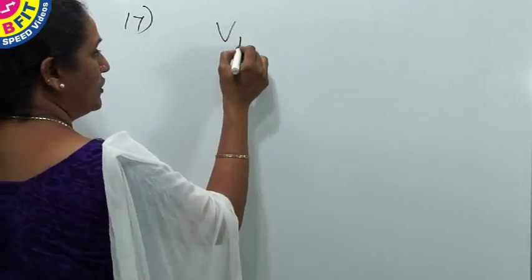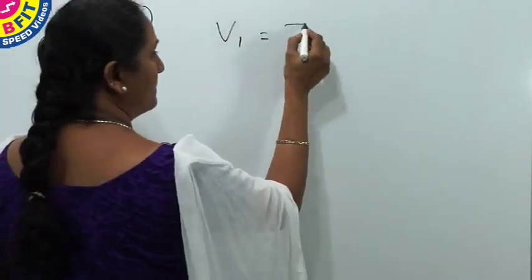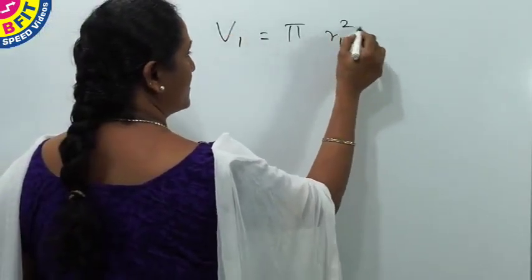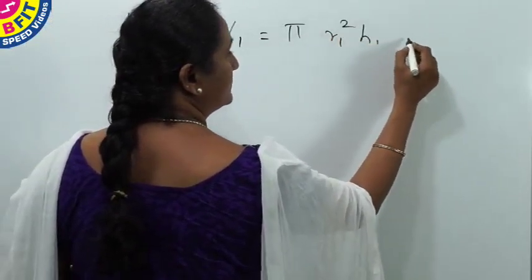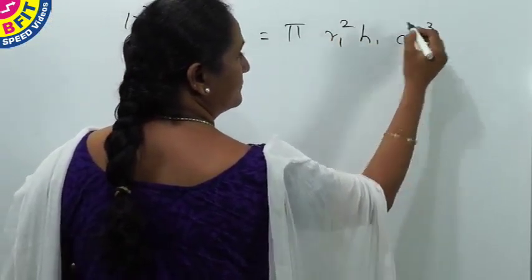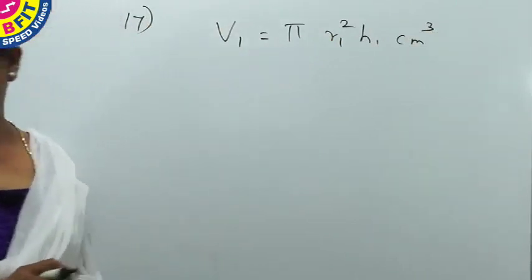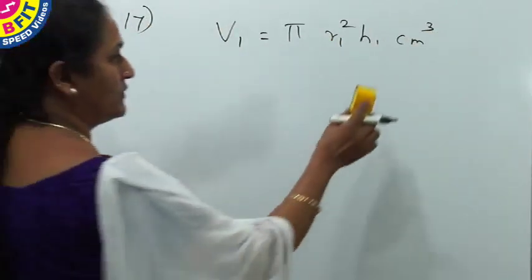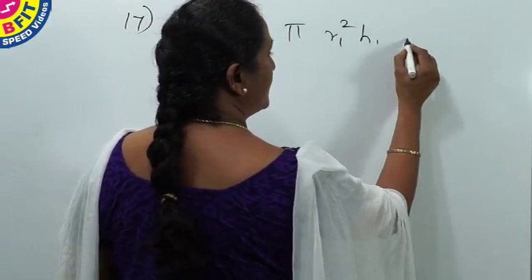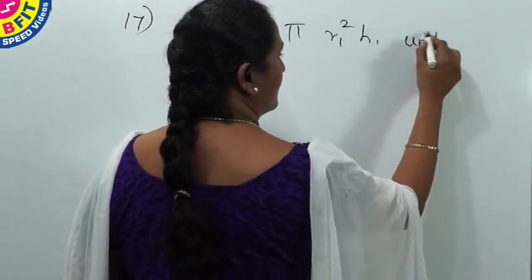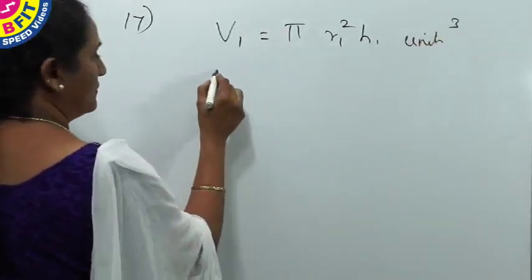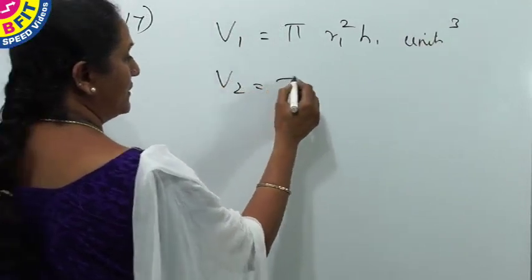So we'll have volume of first cylinder as pi r1 square h1, and volume of second cylinder as pi r2 square h2.